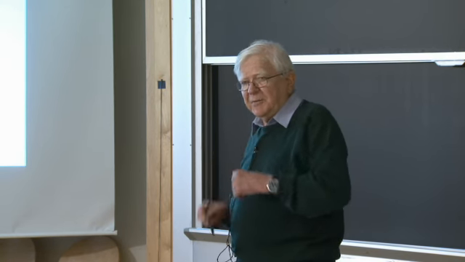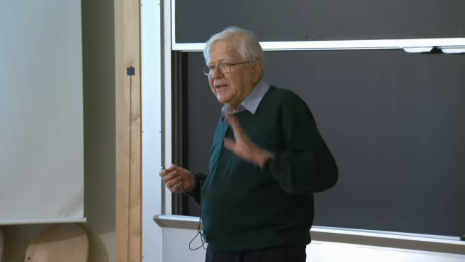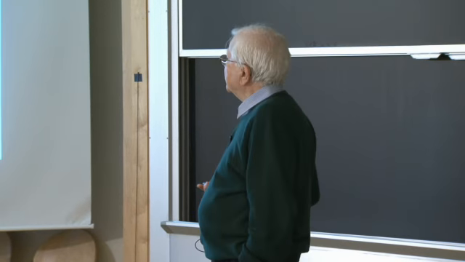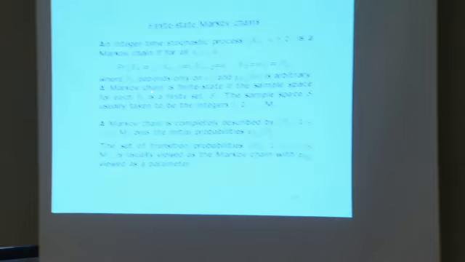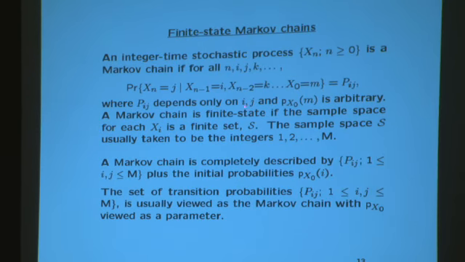Here, you put a little dependence on the past, but the dependence is only to look at the last thing that happened and nothing before it. So p sub ij depends only on i and j, and the initial probability mass function is arbitrary.